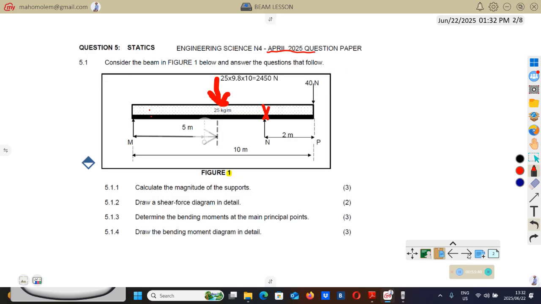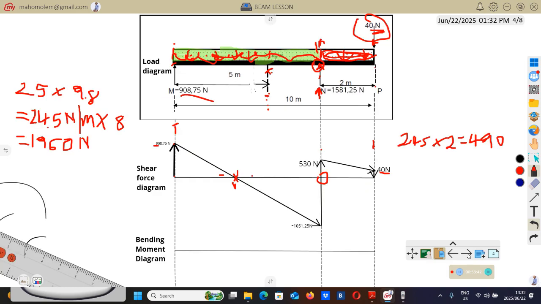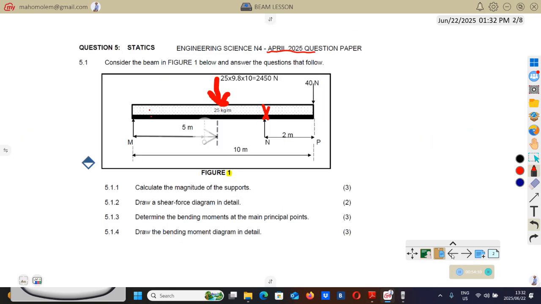So at the moment, the challenge is that we don't know the distance from here to there. Without this distance, you can't calculate the moment, because to calculate the moment, you'll take this force multiplied by this distance. So before you can calculate the moment, we have to find this distance here. So now the question is how to find that distance there.